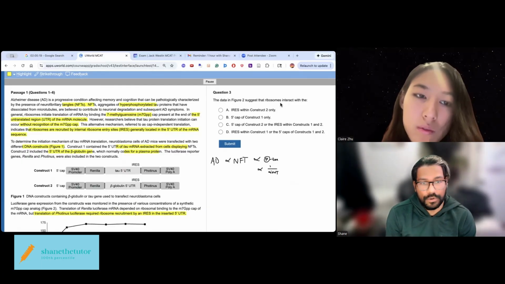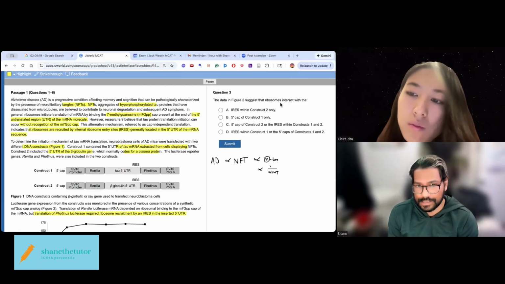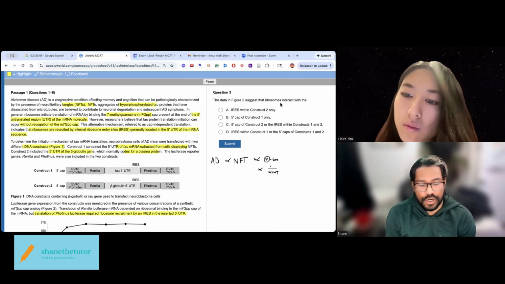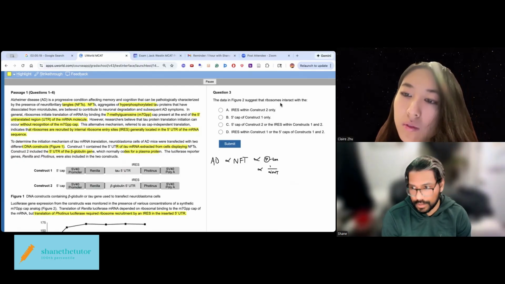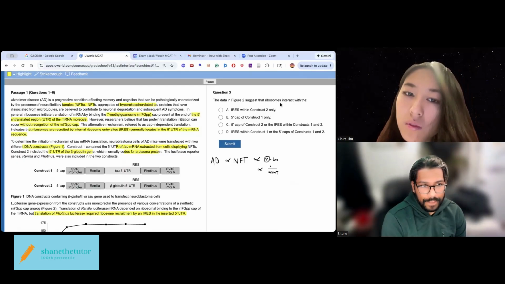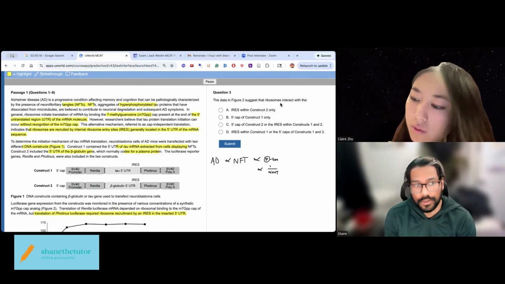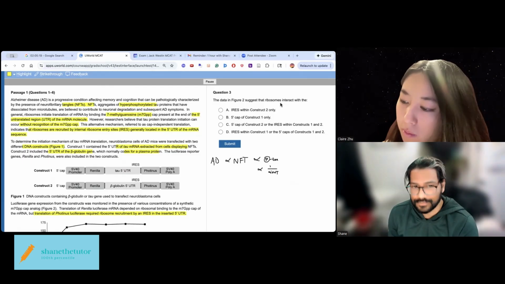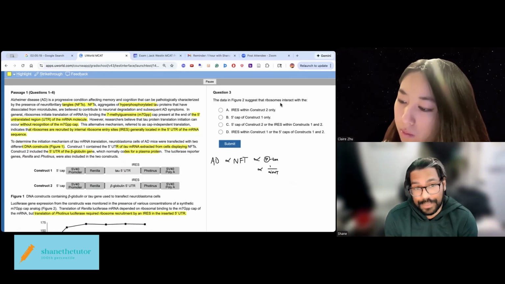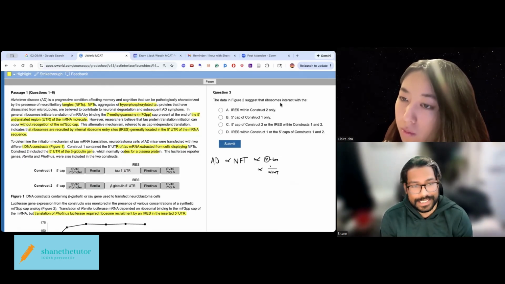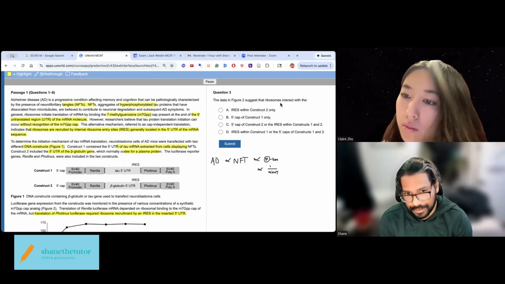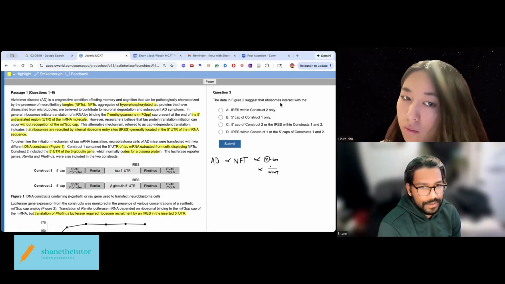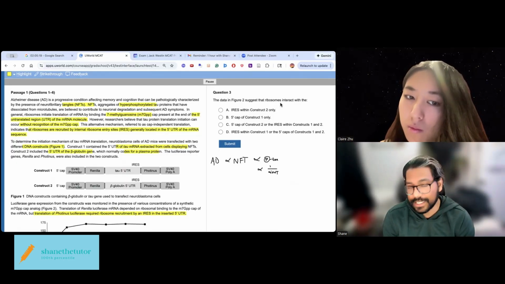So what I'm thinking here is there could be some unchecked translation of an mRNA molecule, because it can happen even though there isn't the cap that you would normally need.